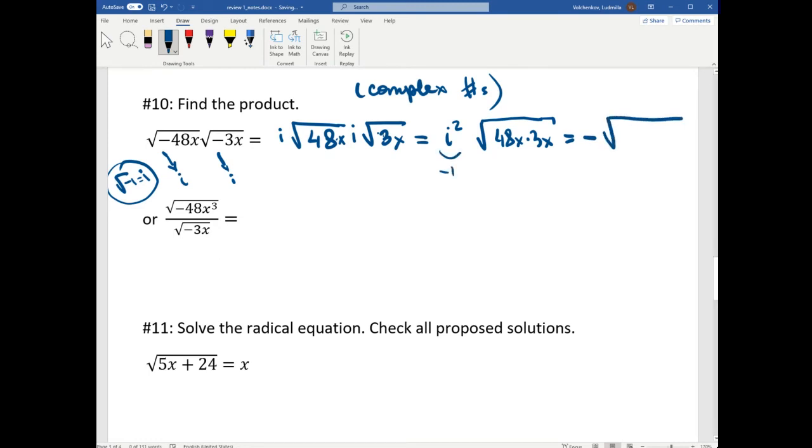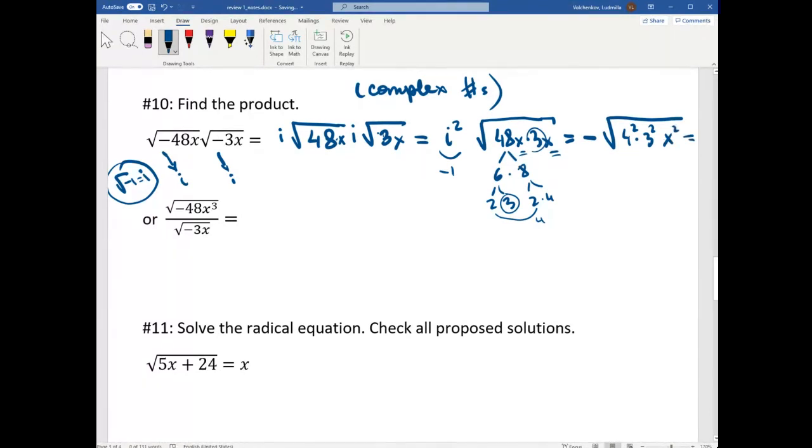Under the square root, let us factor, because we want to simplify. 48 is 6 times 8, or 2 times 3 times 2 times 4. So we have 4 squared, and we have 3 and 3, 3 squared. And we also have x squared.